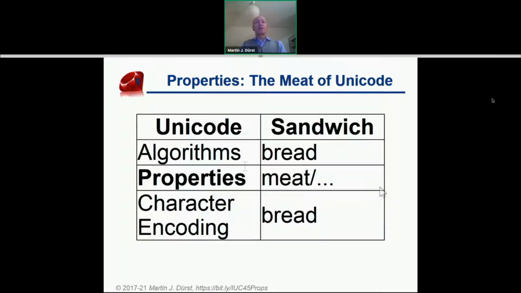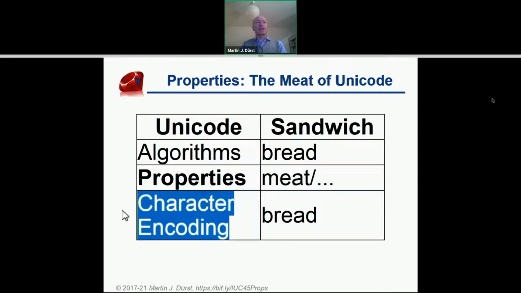Anyway, so at the bottom of Unicode is the character encoding. That's really the most fundamental thing. Which things are characters and what numbers do they get? And then, in order to be used, each of these characters needs a lot of properties.